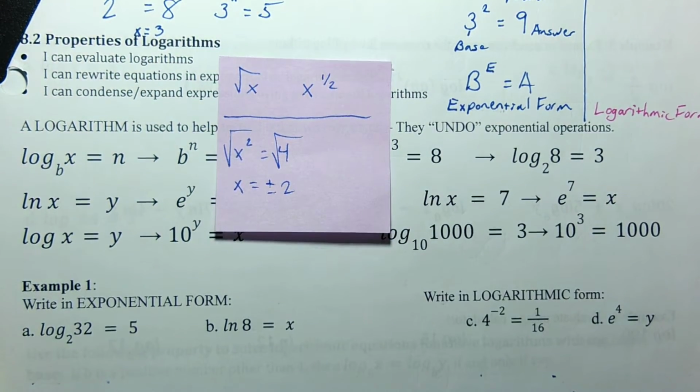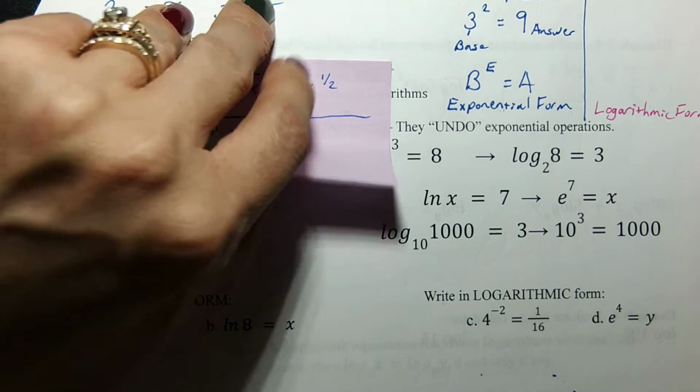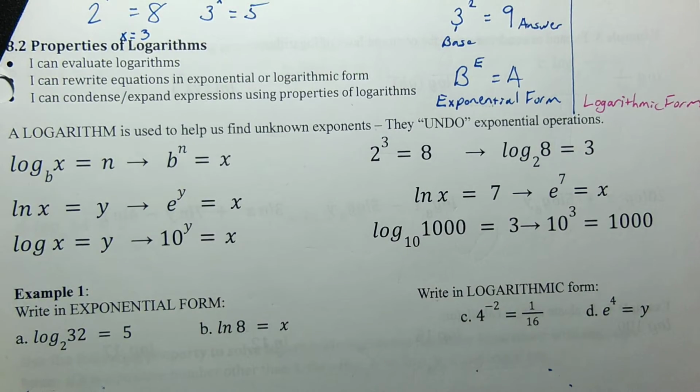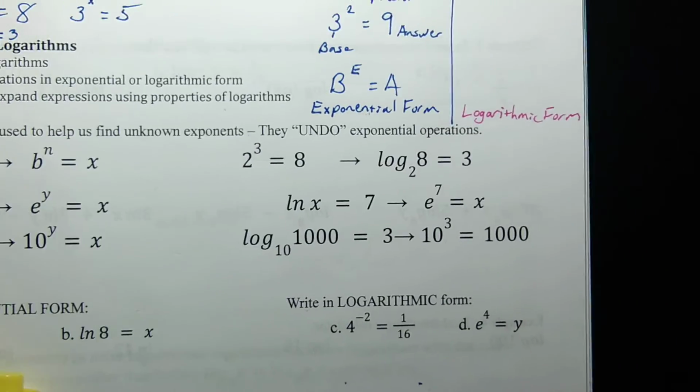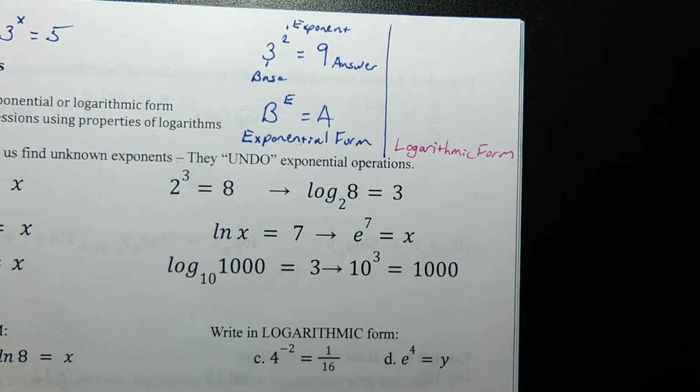So in a similar sense, logs are going to be a way of rewriting exponential form, but they are also going to be an algebraic operator that we can use for solving. So right now, day 1, we are just going to focus on the rewriting part.